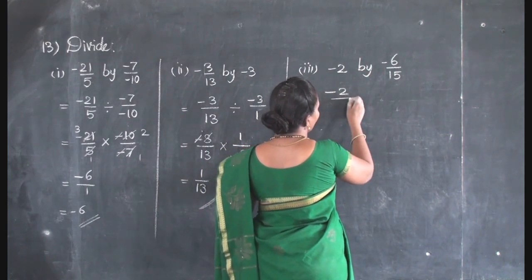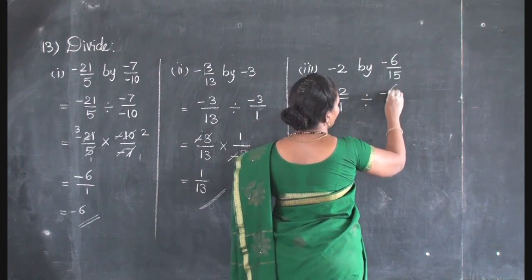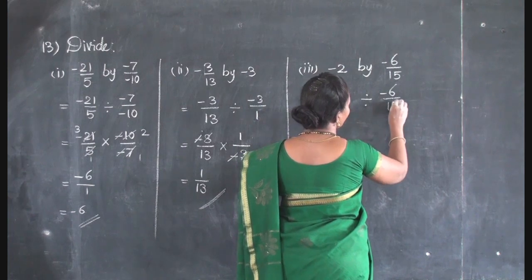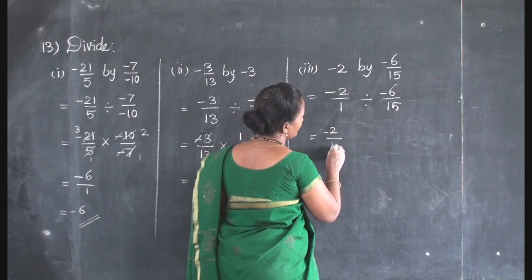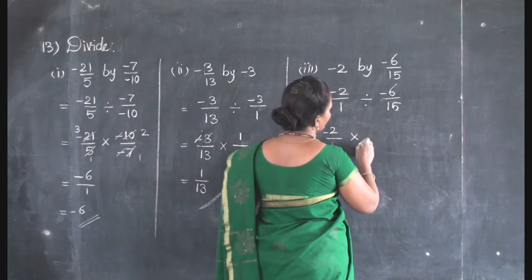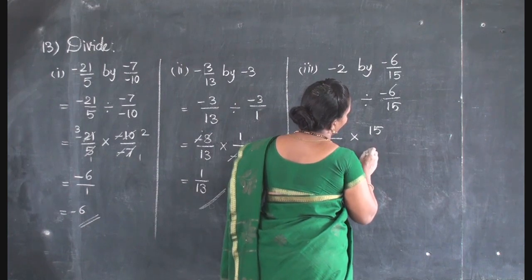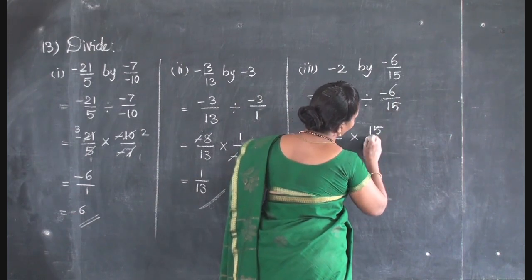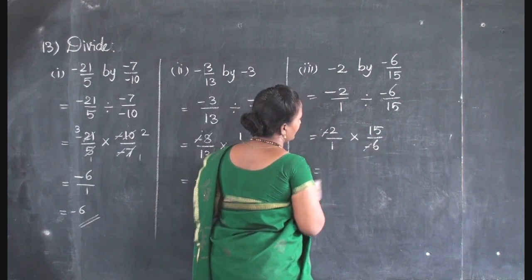Minus 2, write as minus 2 by 1 divided by minus 6 by 15. Now I change the symbol from division to multiplication. So take the reciprocal of minus 6 by 15: 15 by minus 6. Sign cancels, minus minus cancels.